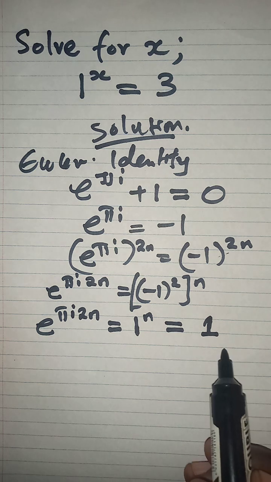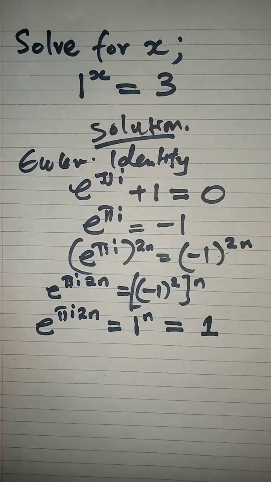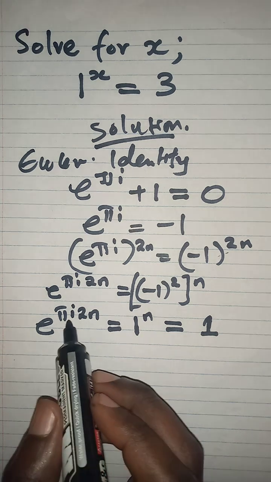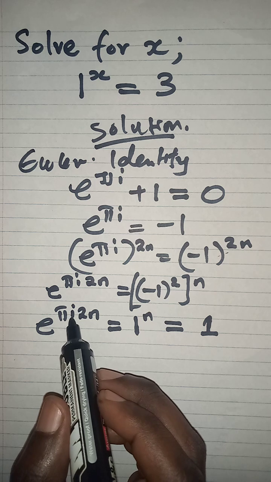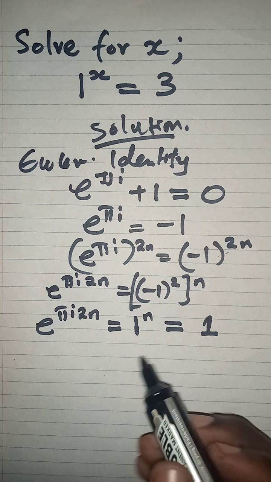So if this is 1, then I'm going to replace it on my left hand side. It is true to say that exponential raised to power pi i, multiplied by 2n, is the same as 1.